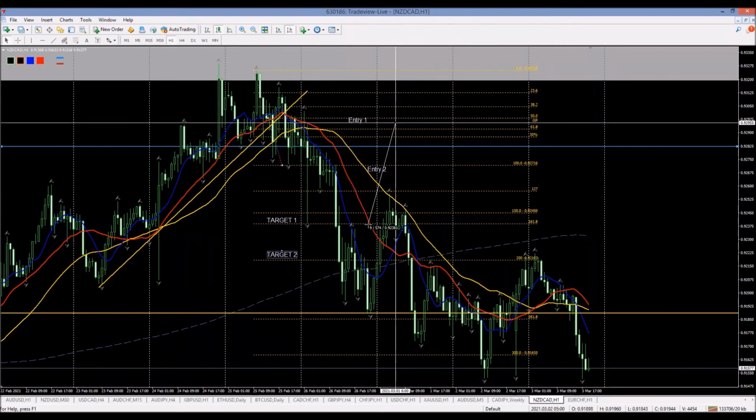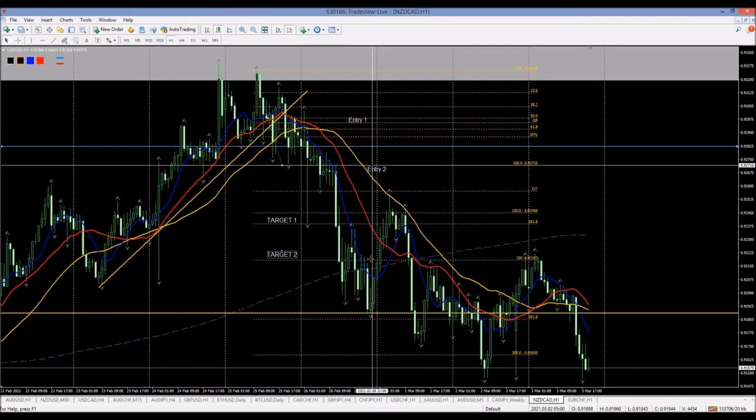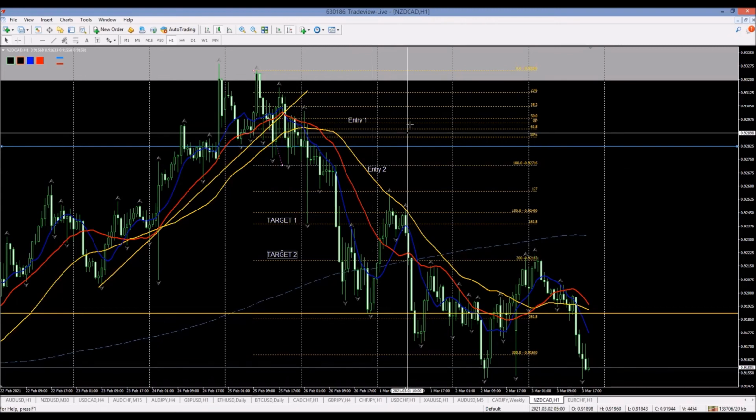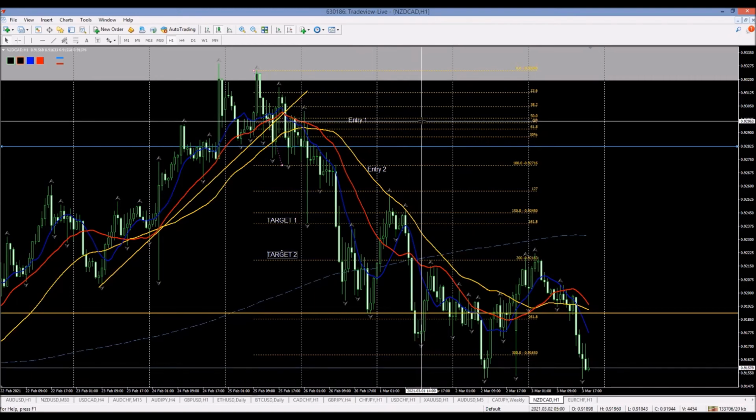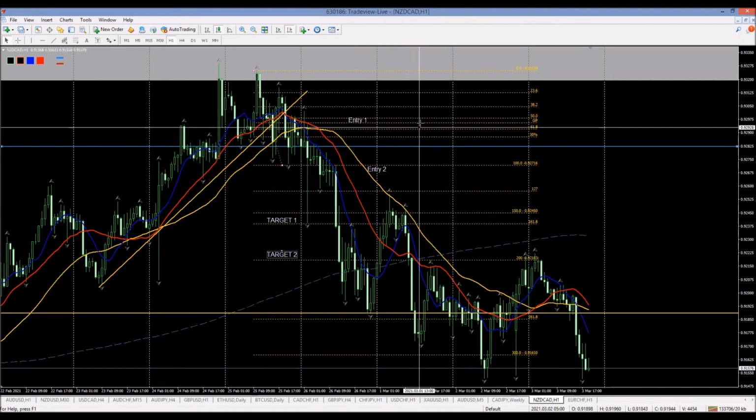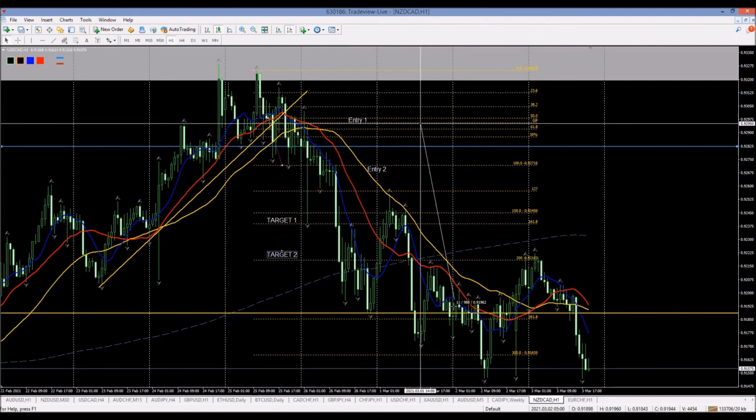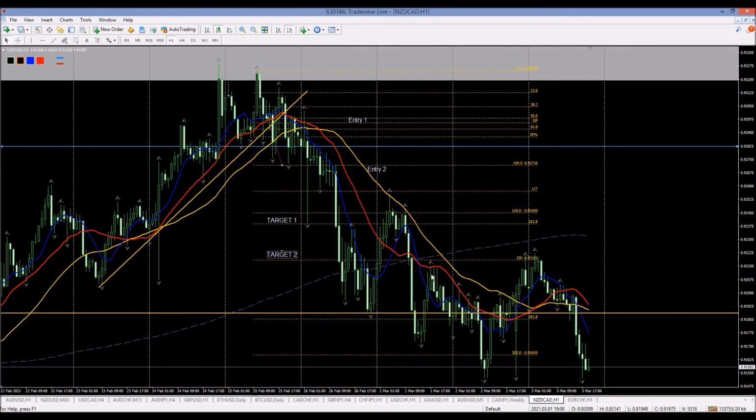To target 1, that's 57. Entry 2 to target, that's 53, 32. If you'd have put a runner on, which would be an entry number 3, we don't talk about that here, but there you go. If you'd have put a runner on, because you felt this yellow line was your target, 107 pips. Guys, you could have sliced it, diced it, done whatever you wanted with it.